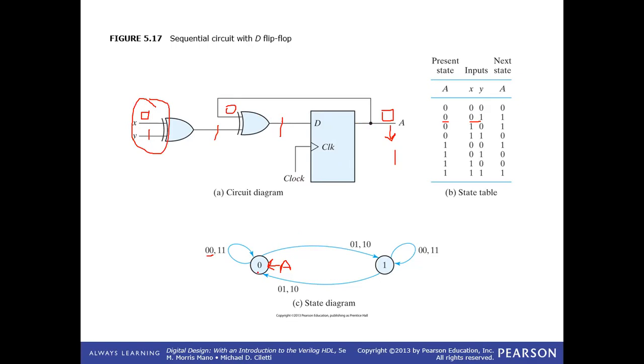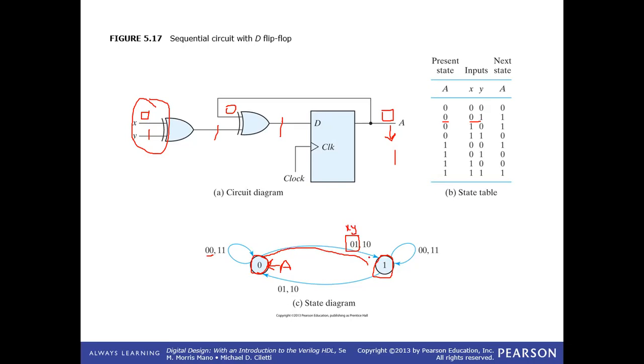So from state 0 to state 1, we can travel by applying the input state 0, 1, which is X equal to 0 and Y equal to 1.